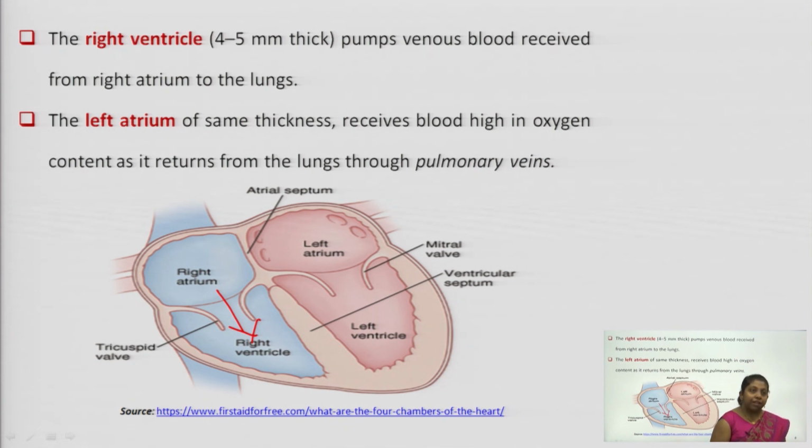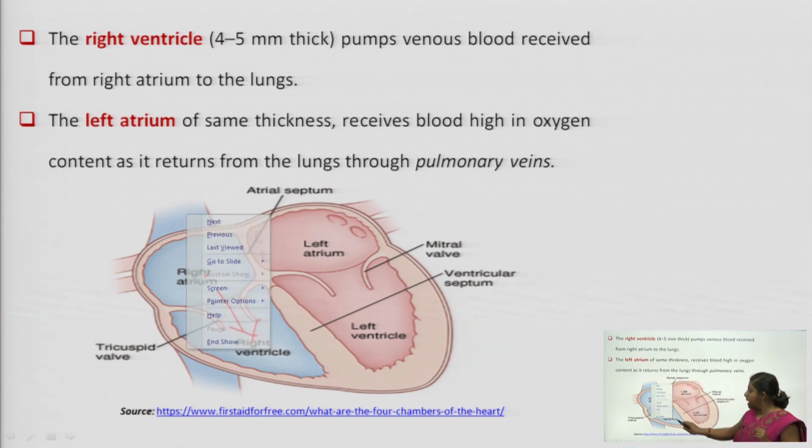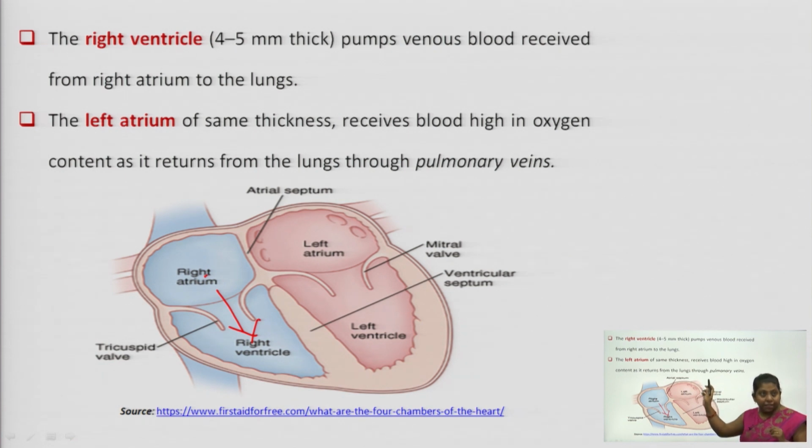It is 4 to 5 mm thick, and it pumps the venous blood received from the right atrium to the lungs. So here we received our blood first into the right atrium. From the right atrium the blood has entered into the right ventricle. The right ventricle will move the blood to the lungs.